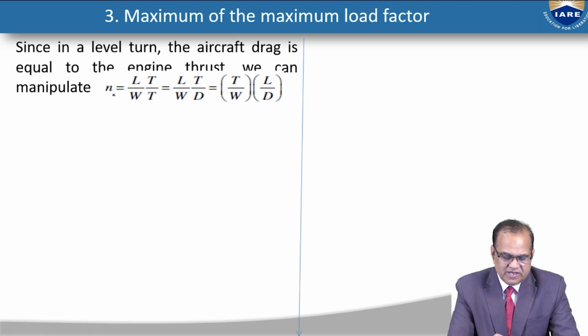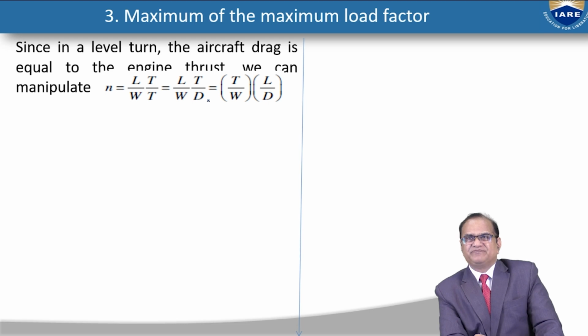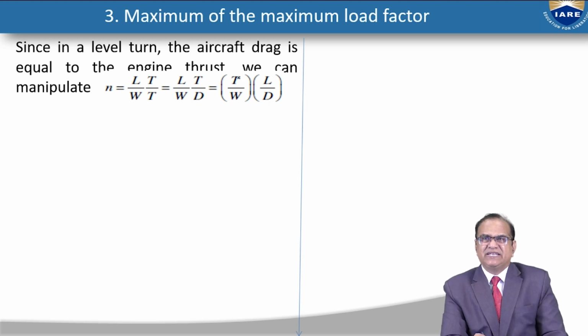N is equal to L by W. We can multiply and divide by T. So L by W into T by D, which is T by W into L by D. It is the thrust to weight ratio and it is the L by D ratio.